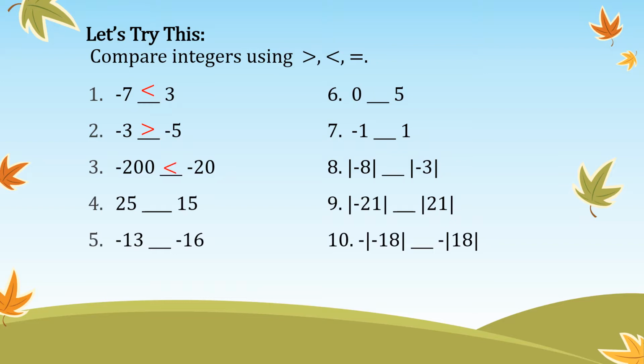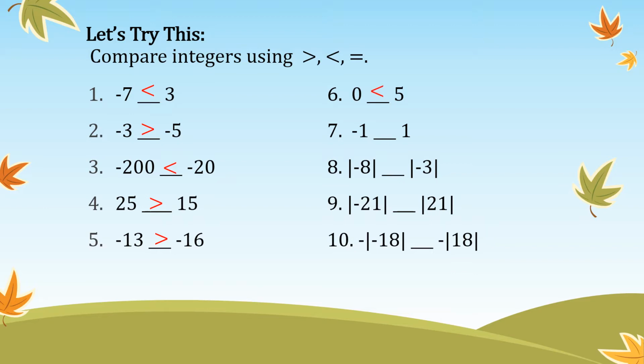Of course, in number 3, -200 is less than -20. Fourth, 25 is greater than 15, obviously. Fifth, -13 is greater than -16.